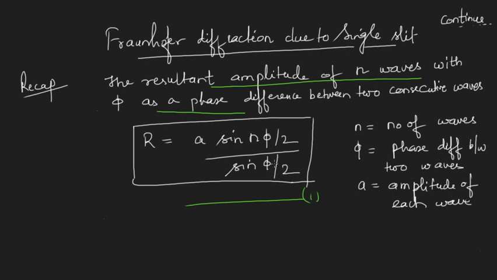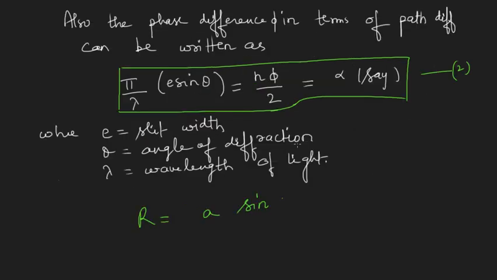Since n phi by 2 is equal to alpha, phi by 2 is equal to alpha by n. So I will get sine alpha upon sine alpha by n.